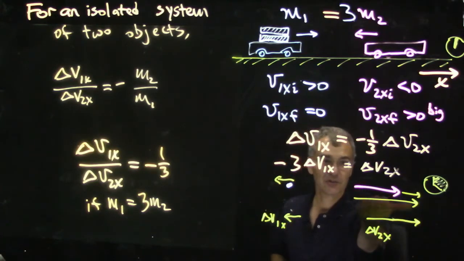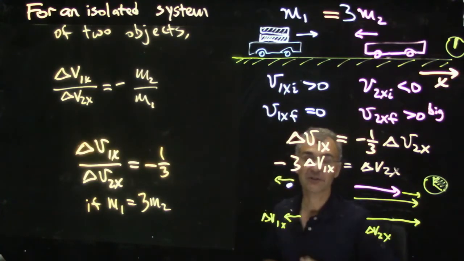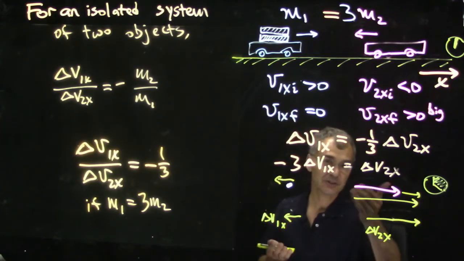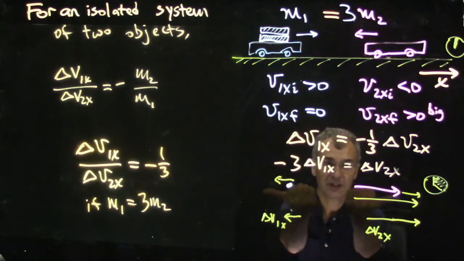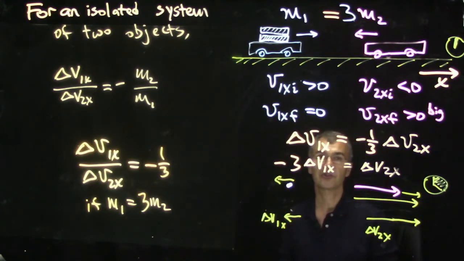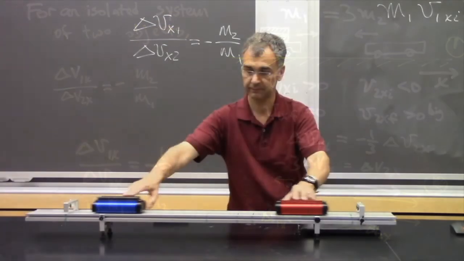So this is 3 units of velocity change to the right for the red cart. This will be 1 unit of velocity change to the left for the blue cart. Equivalently, the momentum changes are the same magnitudes and opposite directions. So let's see what that looks like.